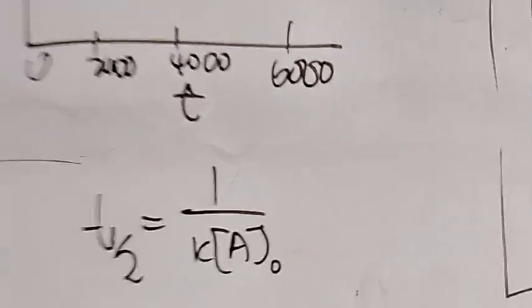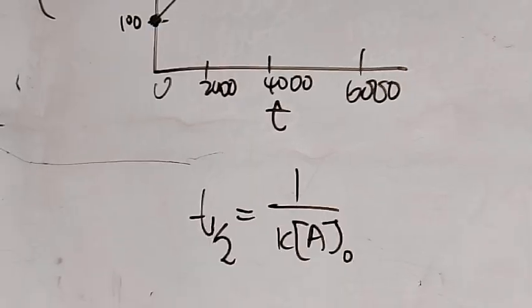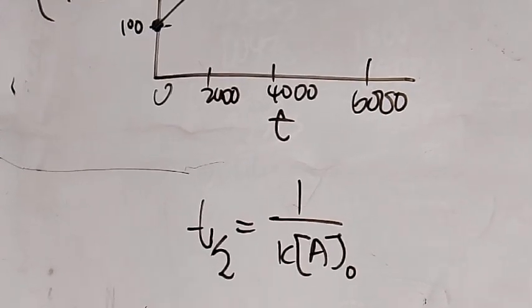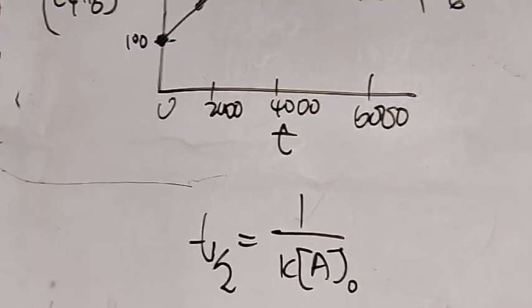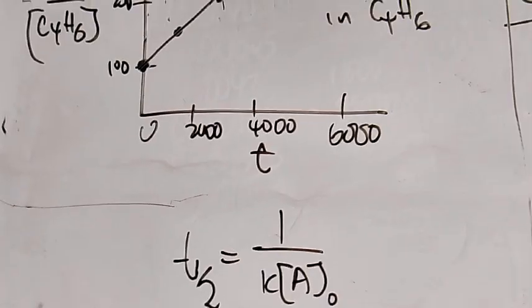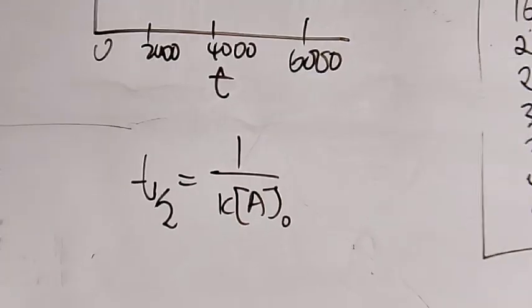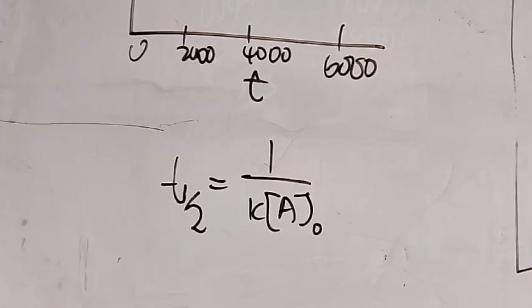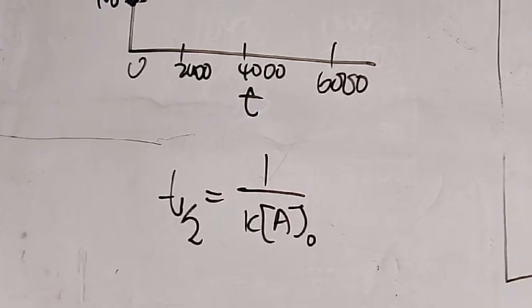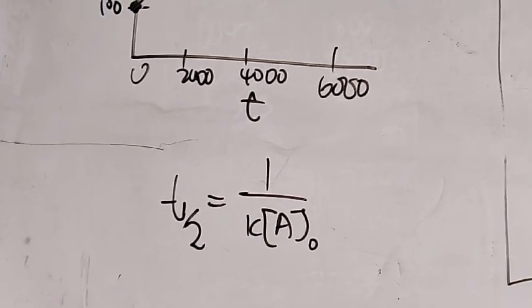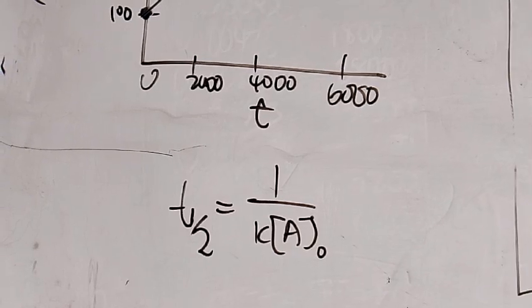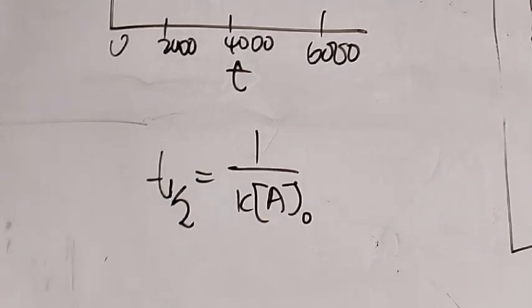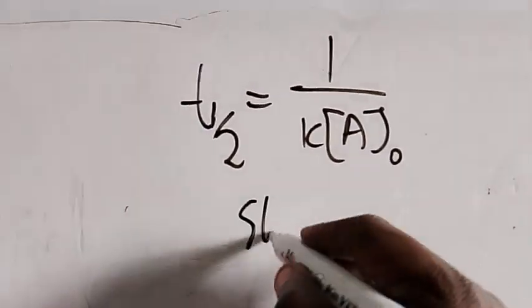So in this case, since we do not have the value of the rate constant K, we can determine the value of K. So first we determine the slope.